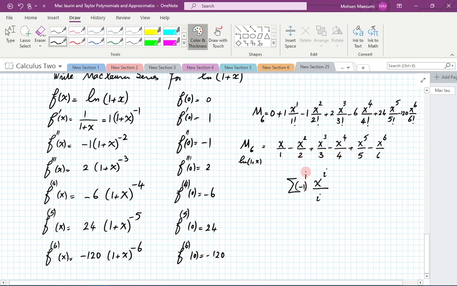One way to do that is to shift your exponent by 1, so that when you start at I equal to 1 for the very first one, obviously you cannot divide by 0, so you have to start at 1, and that one, the coefficient is going to be positive. Next one, when I becomes 2, the exponent becomes 3, and this becomes negative. So the Maclaurin series for the logarithm of 1 plus x becomes this.